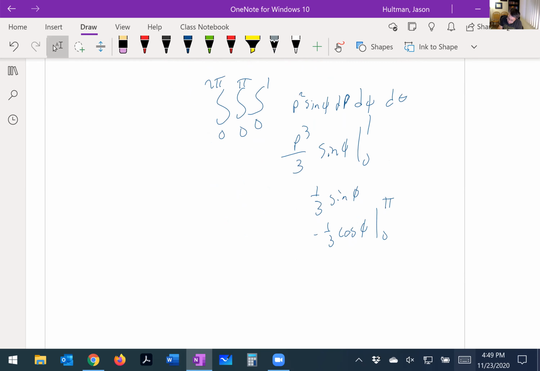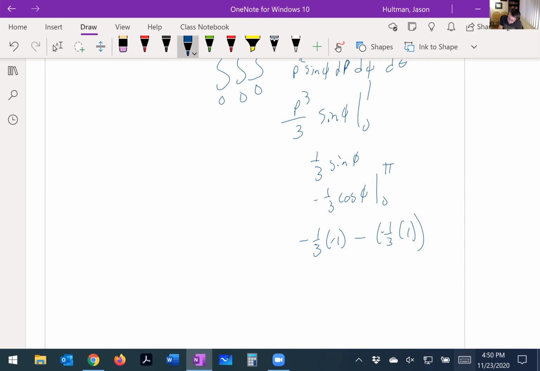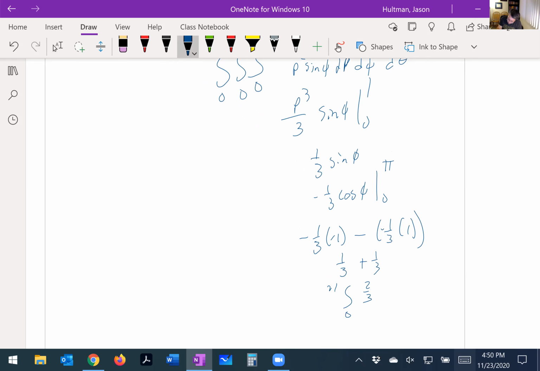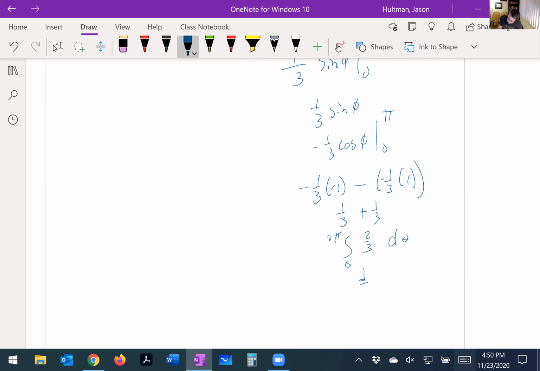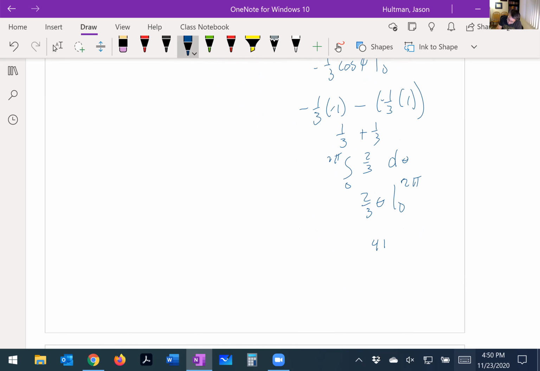Cosine of pi is negative 1, so this is 1/3 plus 1/3, which is 2/3. Then we integrate that from 0 to 2 pi d theta, so this becomes 2/3 theta evaluated from 0 to 2 pi. Plugging that in, that's 4 pi over 3.